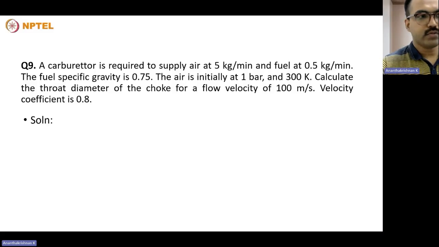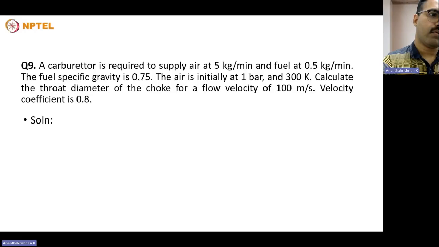Have you tried to solve this problem? It's on carburetor. So we need to deliver air at 5 kg per minute and fuel at 0.5 kg per minute. The fuel specific gravity is 0.75. Air is initially at 1 bar and 300 Kelvin.